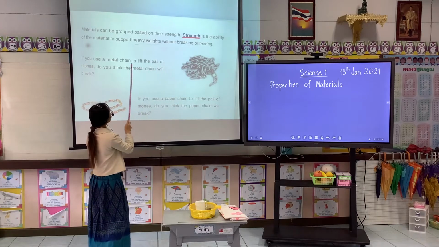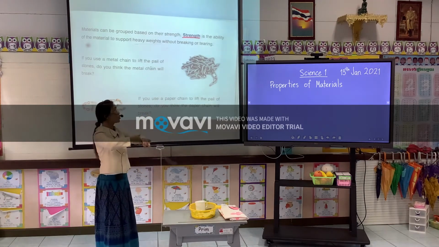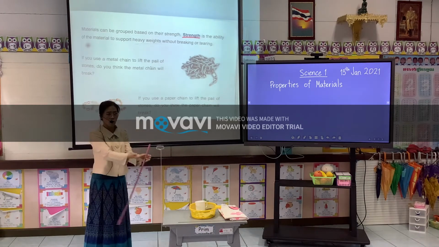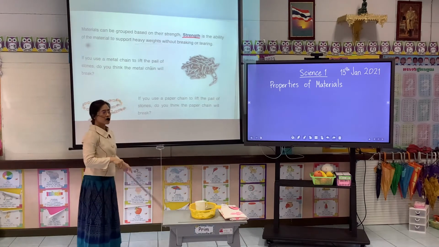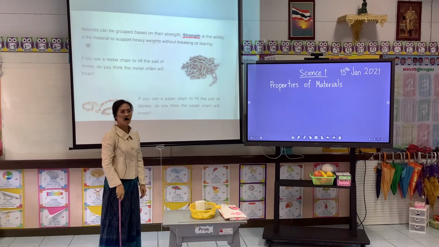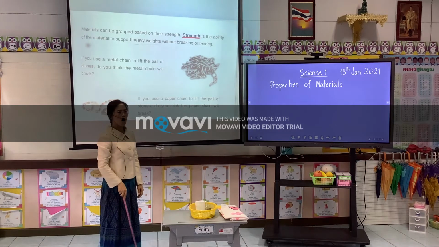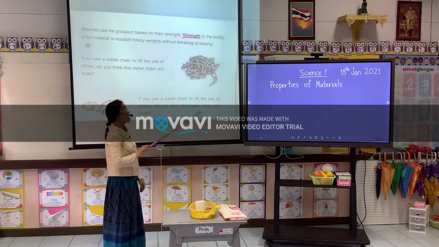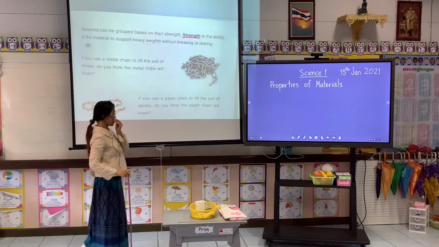Imagine if we use this chain to lift a pail of stones, meaning one bucket of stones. What do you think will happen to the metal chain? It doesn't break. Why? Because the metal chain is very strong. That is the strength of the metal chain. It can support heavy weights.